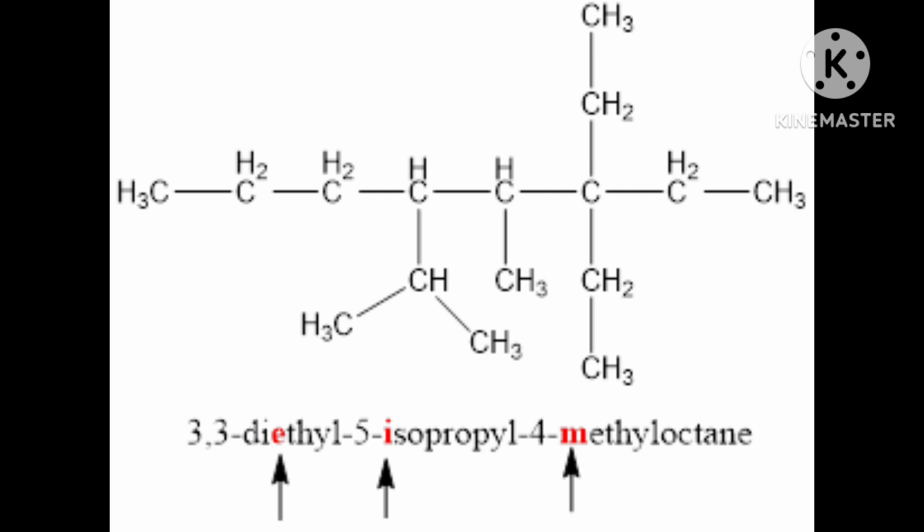Suppose in the second one, first and last you have made CH3, the first carbon and the last carbon. Inside, CH2 will be there, but it is an alkyl group, and somewhere one H will be less.